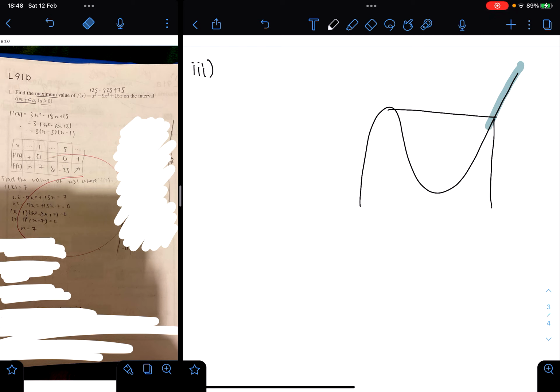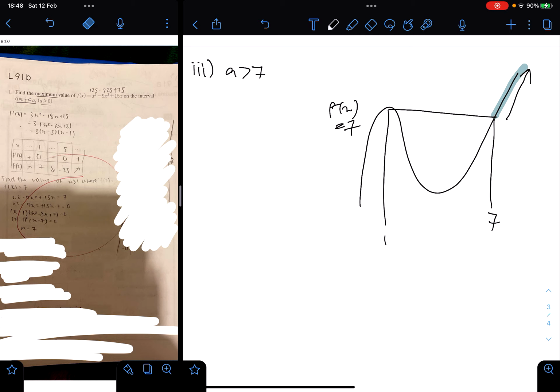Next, what you can get is the last part of the graph, which is this bit where, let's redo the highlighting. So this is x equals 1, this is x equals 7, this is f of x equals 7. So this section over here, and if we look at it, that is where a is greater than 7.